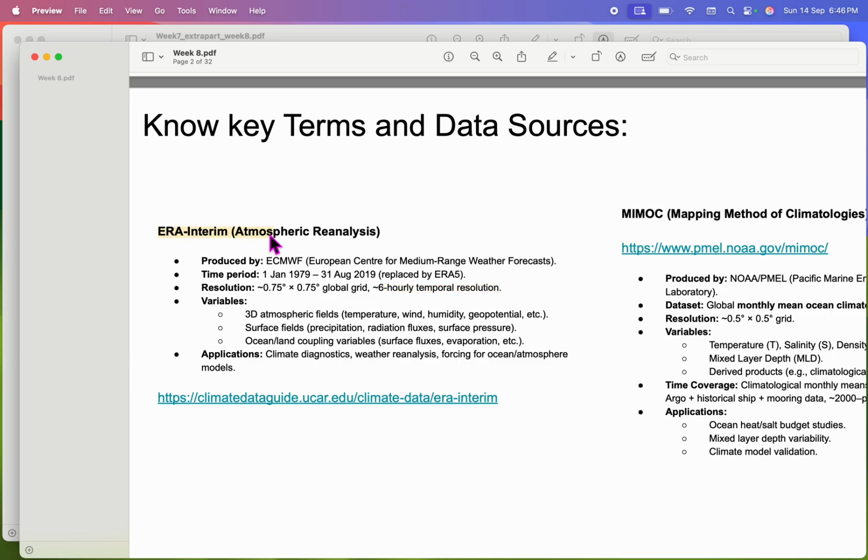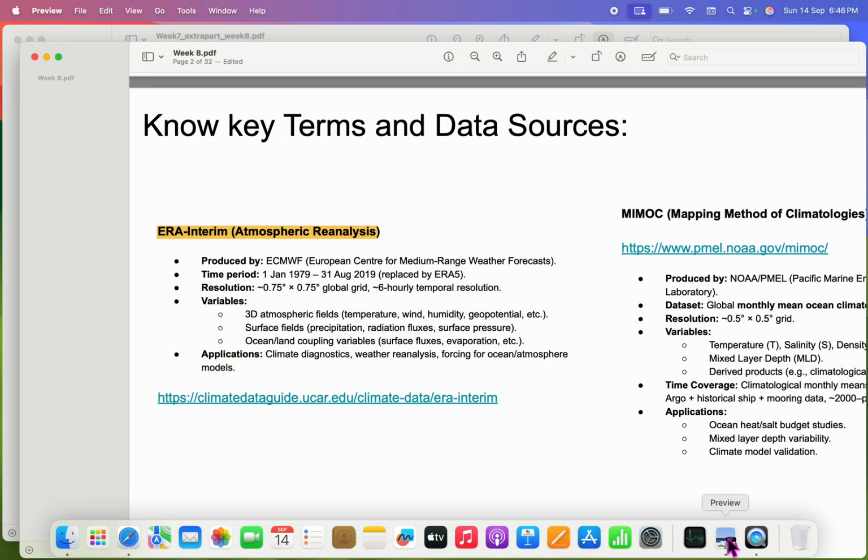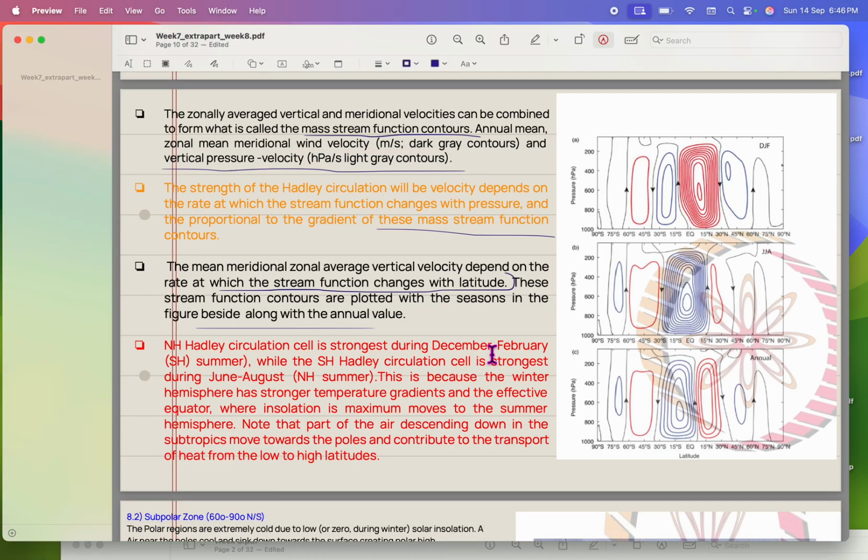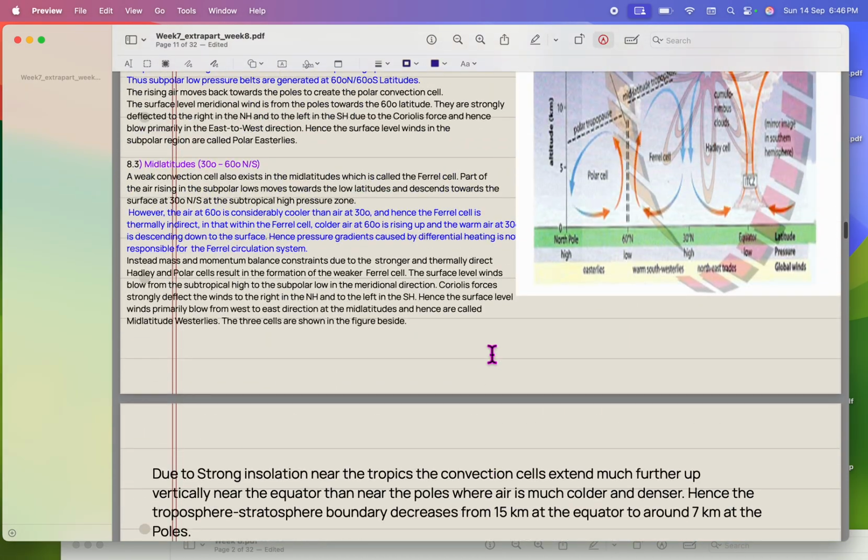This is the ERA-Interim atmospheric data for atmospheric science. Okay, ma'am. Thank you. Here in this figure you can see the ERA-Interim data.